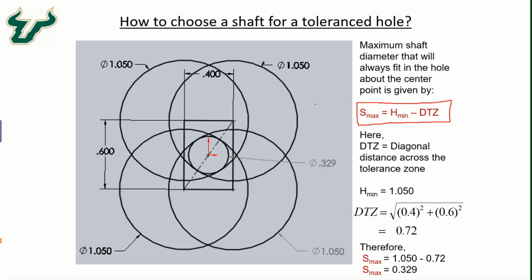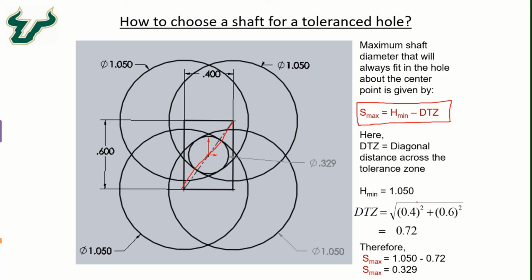Our tolerance zone is 0.4 by 0.6, and the DTZ is the diagonal distance, which means that in order to calculate it, we will have to take the square root of the sum of the squares of the two perpendicular distances, which are 0.4 and 0.6. So the square root of 0.4 squared plus 0.6 squared gives 0.72. So the diagonal distance is 0.72.